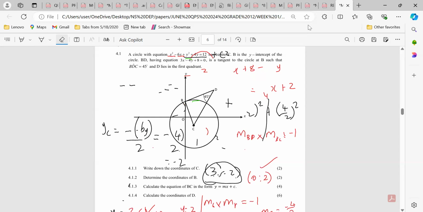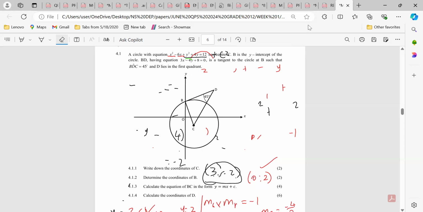Okay, what do we see here? D is a point of intersection. D is a point of intersection between which two lines? It's BD and what?